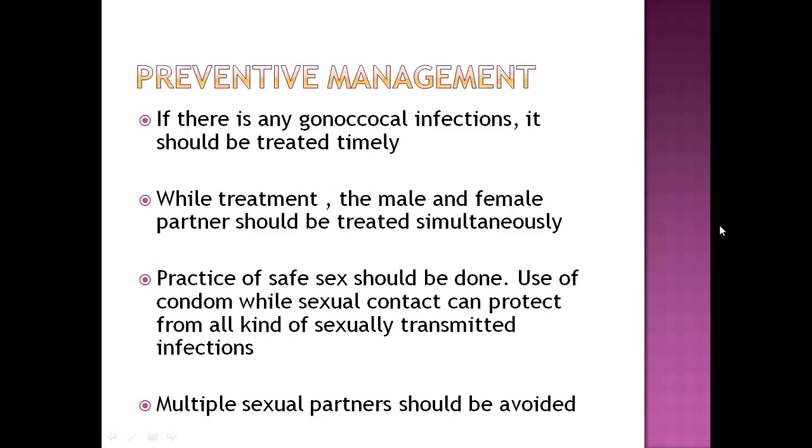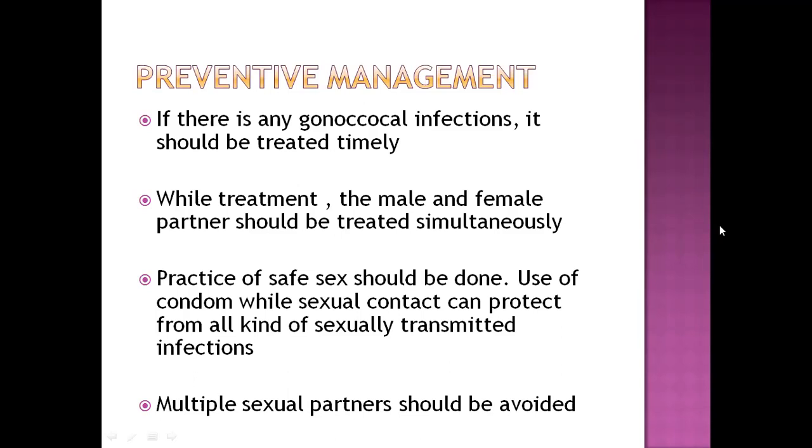Management for gonorrhea includes, first of all, preventive management. Preventive management contains the following points. If there is any gonococcal infection, it should be treated timely because the same gonococcal bacteria can cause infection in the reproductive tract. Next, while treating, male and female partners should be treated simultaneously.